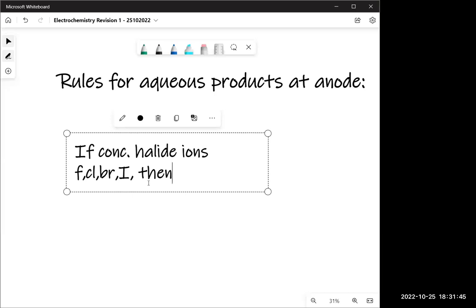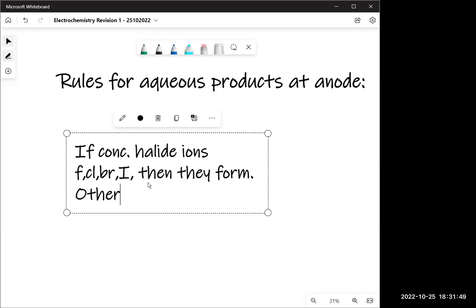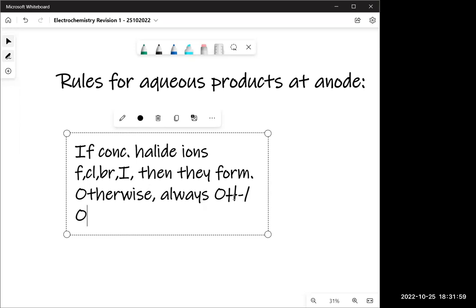Otherwise, always OH minus, and O2 gas forms.